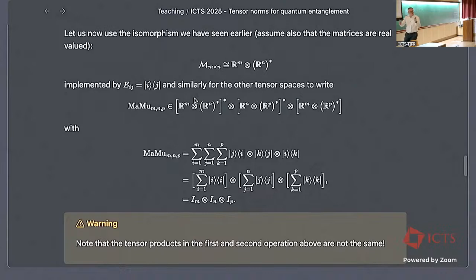So I have permuted some of my tensors to write them as a tensor product of the identity. But still, this is correct. So depending on where you choose to put the tensor products, you can have a really simple formula, like a product of 3 identities, or you can have something more complicated, which encodes the rule for matrix multiplication. All right, so these are coordinates. So let's look at some pictures.